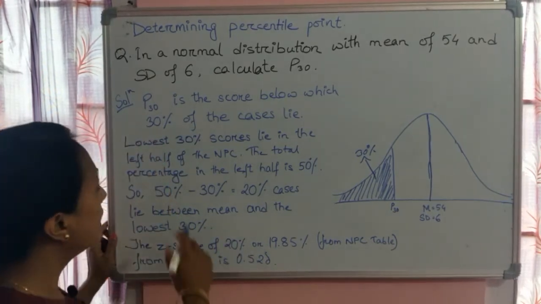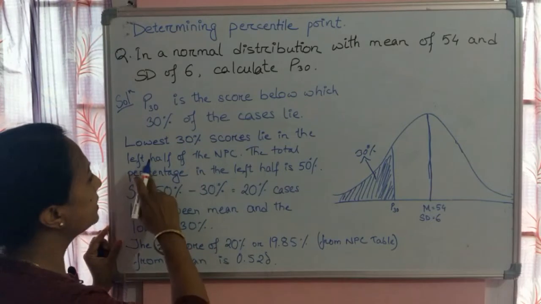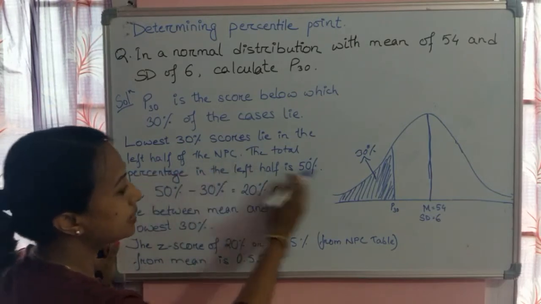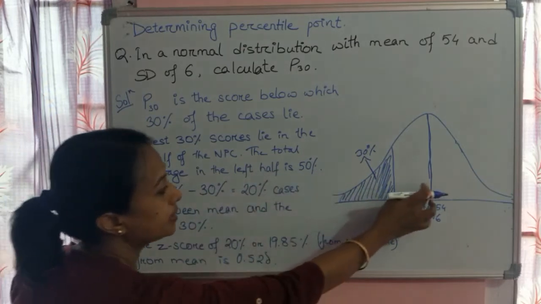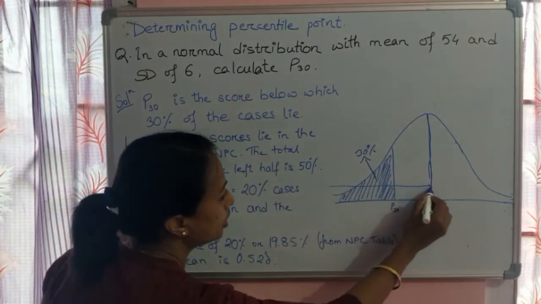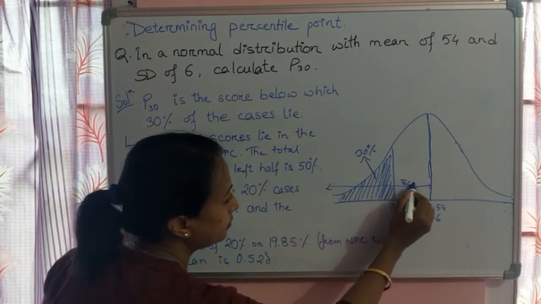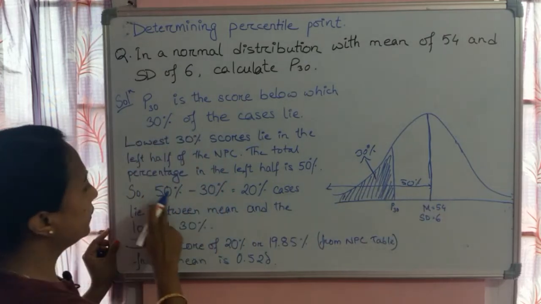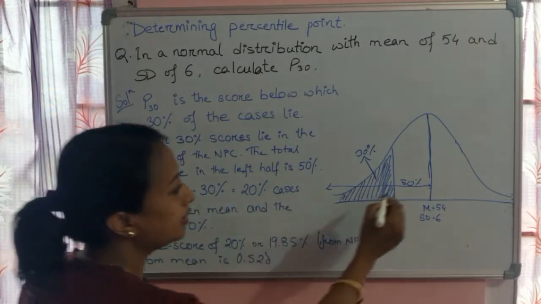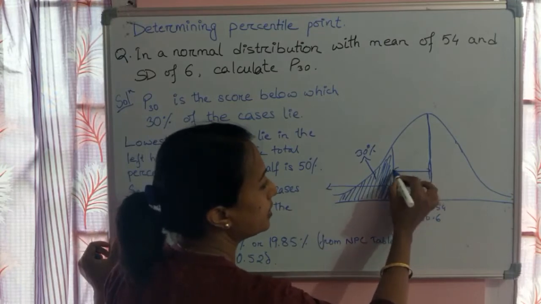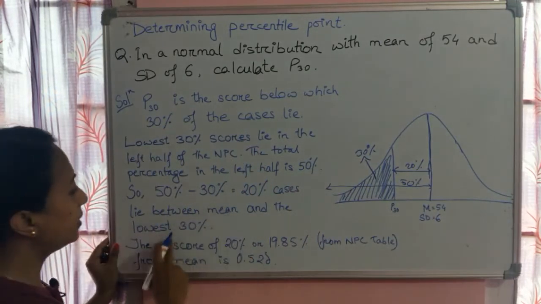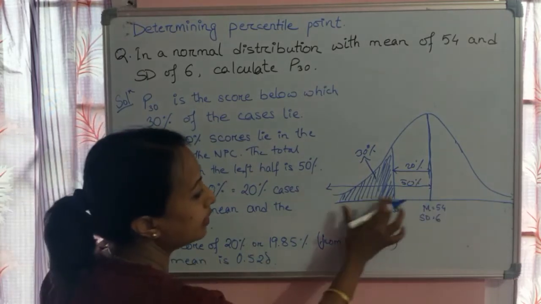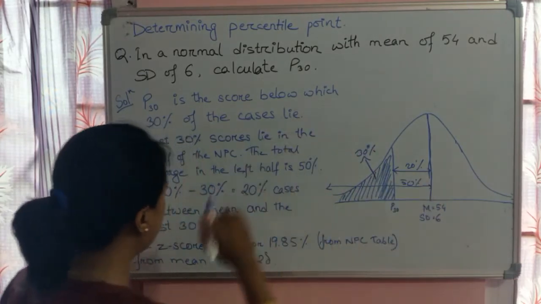Lowest 30% scores lie in the left half of the NPC. The total percentage in the left half is 50%. So 50 minus 30 is 20%. This portion is 20%. So 20% of cases lie between the mean and the lowest 30%.